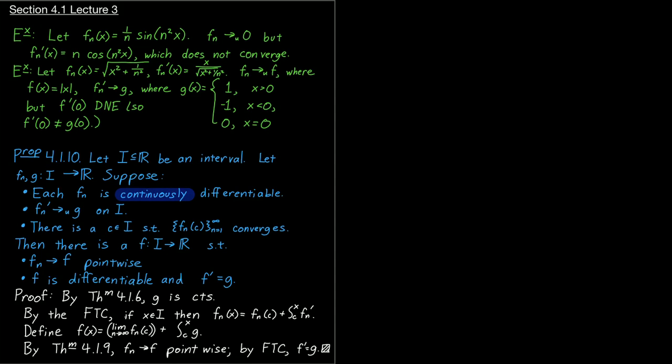You can prove this if fn is just differentiable, but you don't assume the derivative is continuous. You need a little bit more assumptions on convergence. You need to move this part back up into your assumption, but the proof of that is much nastier.